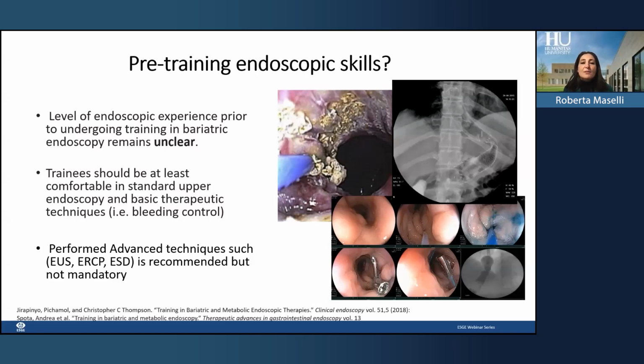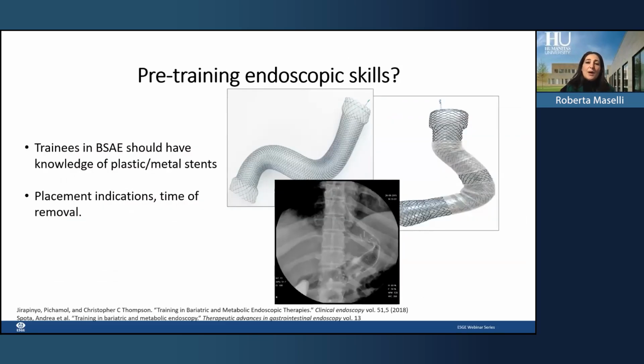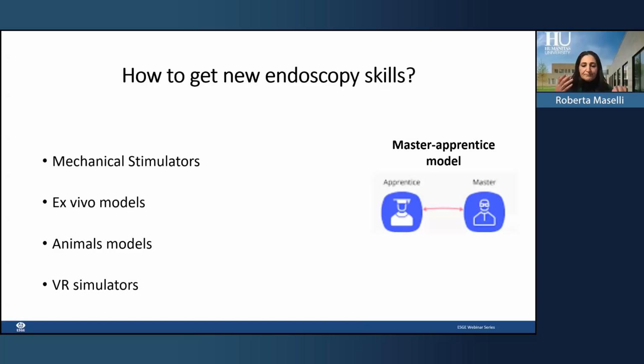And if you are also competent in advanced techniques, like, for example, EUS, ERCP or ESD, that would be best, but it's not mandatory. But you should be competent in knowledge of plastic and metal stents, how to place and remove them, indications, and time of removal. Because metal stents are really important in treating a lot of types of complications and adverse events of bariatric surgery.